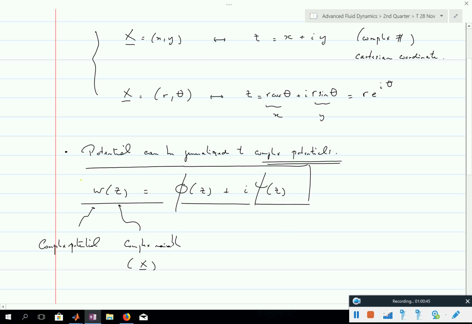And now this is no coincidence, right? I define my complex potential such that the real part of my function is actually the same potential as the one we've discussed before. So this phi here is the velocity potential.